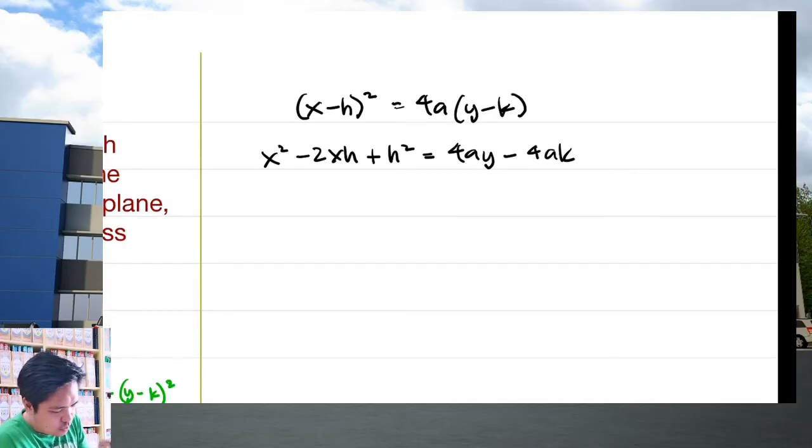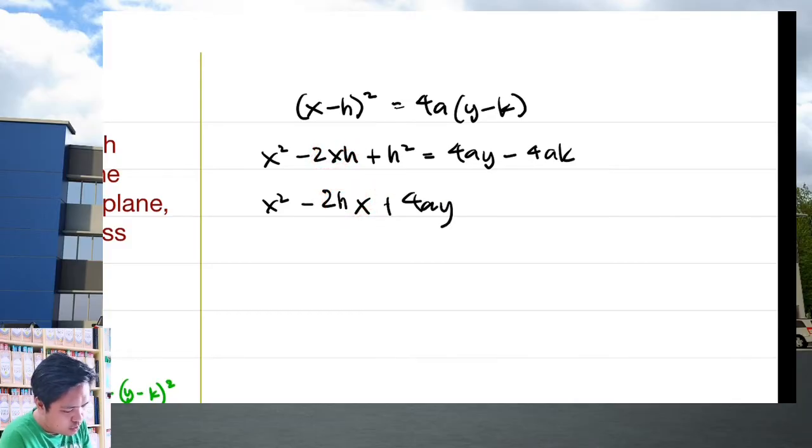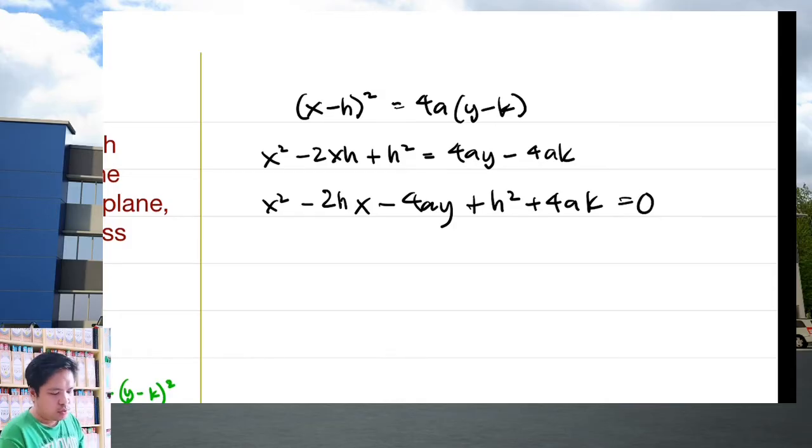So it becomes x squared, then the rest, minus 2hx, then minus 4ay, then plus h squared plus 4ak. That's equal to 0. Is that right? Okay.